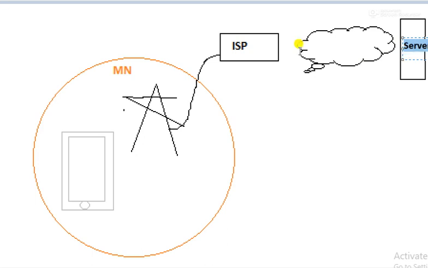Again, let's consider the same example here also, so that you can understand the difference between them. So this is the end server in short. This is your internet, or a network you can consider, or public network.